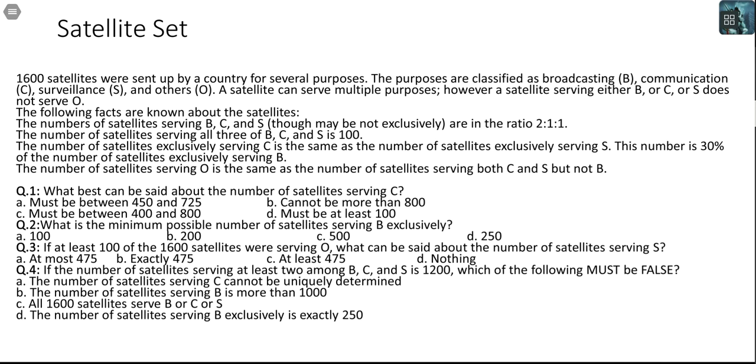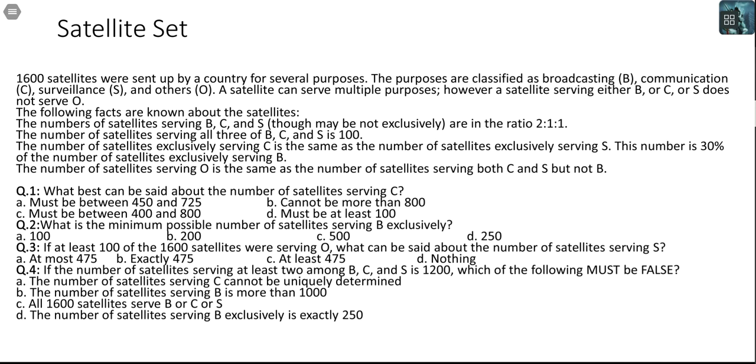Then there are questions about what can be best said about the number of satellites serving C. What is the minimum possible number of satellites serving B exclusively? If at least 100 of the 1600 satellites were serving O, what can be said about the number of satellites serving S? If the number of satellites serving at least 2 among B, C, and S is 1200, which of the following must be false?